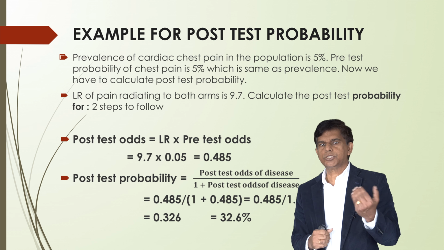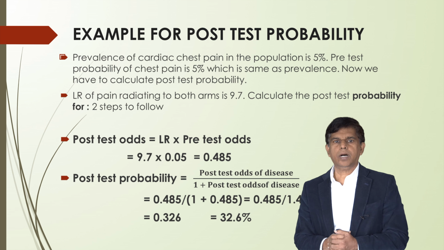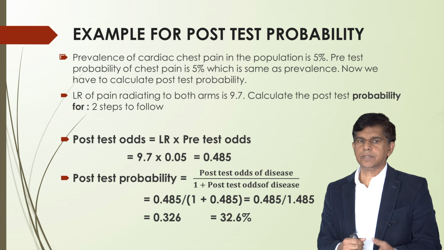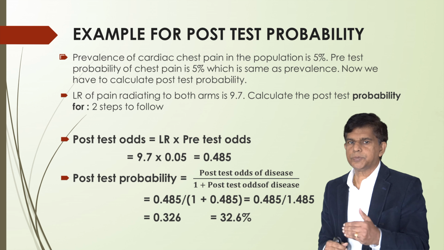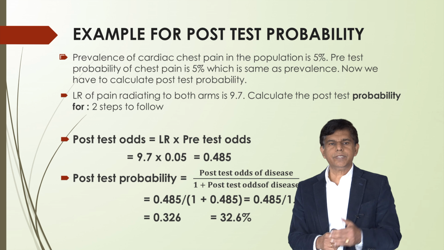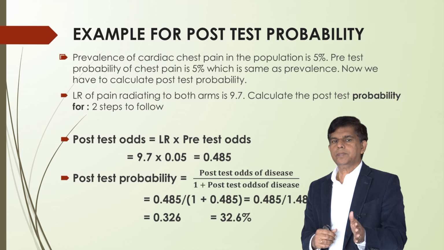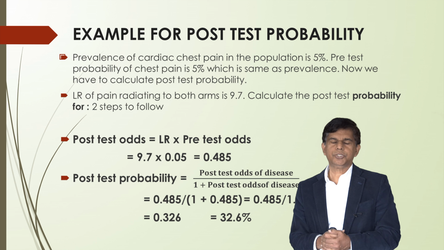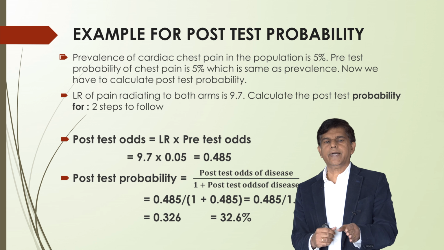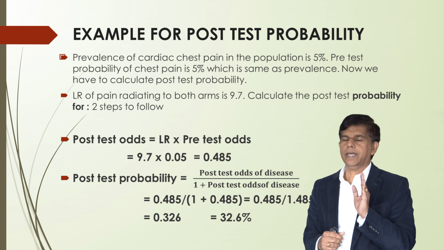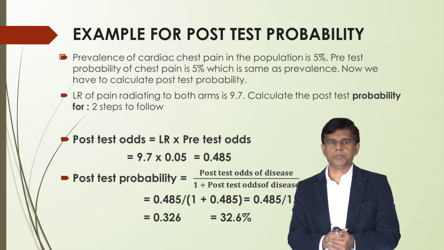Now we have to convert that into post-test probability. How do we do that? Post-test odds of the disease divided by 1 plus post-test odds of the disease, okay? Again, the formula is post-test odds of the disease divided by 1 plus post-test odds of the disease. So we take 0.485 divided by 1 plus 0.485, which equals 0.485 divided by 1.485, which gives a probability of 32.6%, okay?